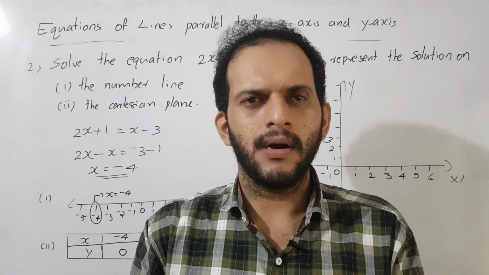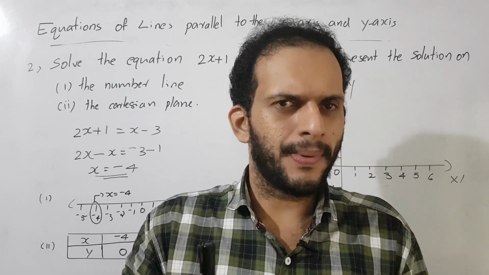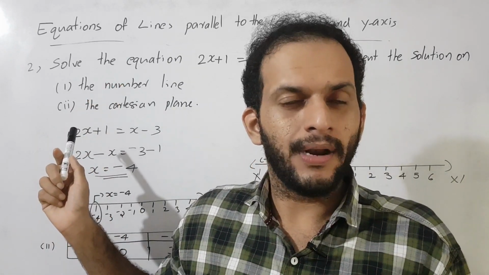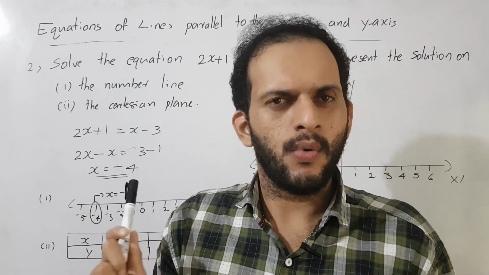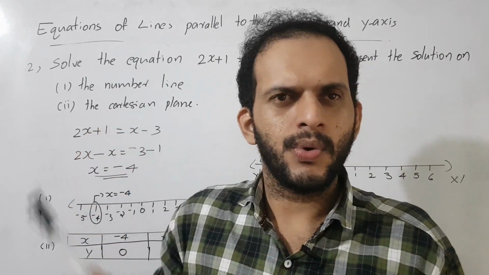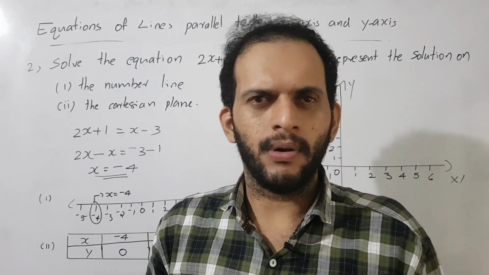Clear? This is the idea we studied here, and I think you got it: how to represent the given equation on a number line in one variable, and how to represent the given equation in two variables, or in a Cartesian plane, or in a graph.